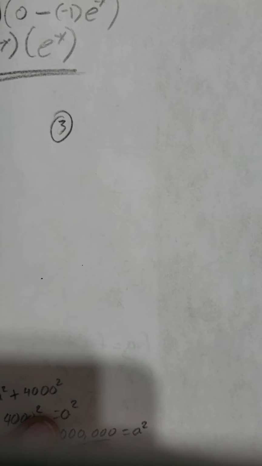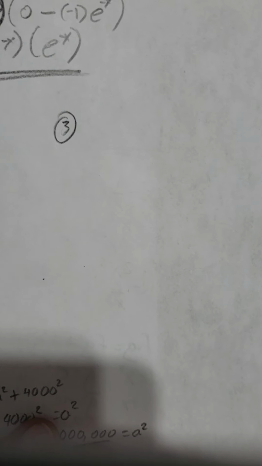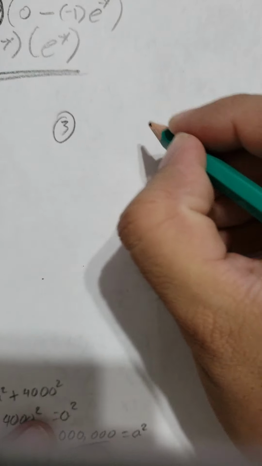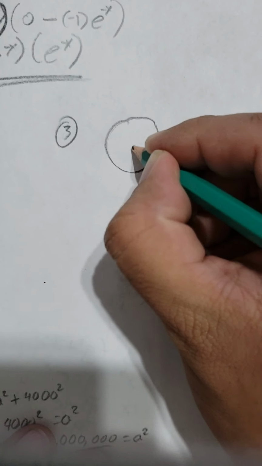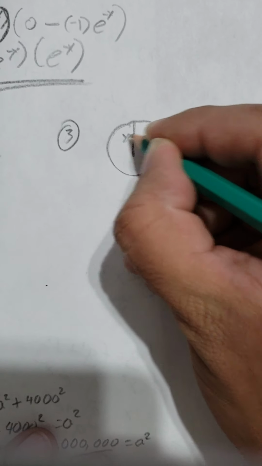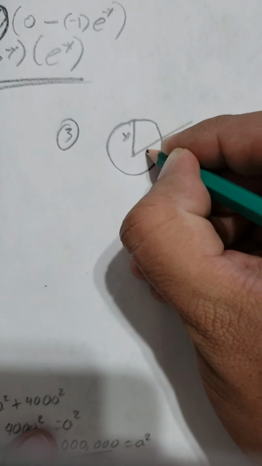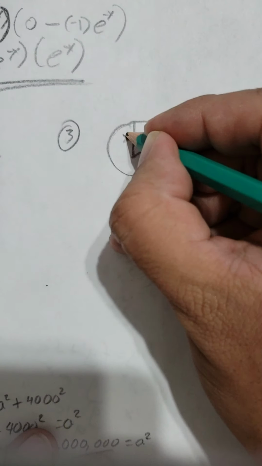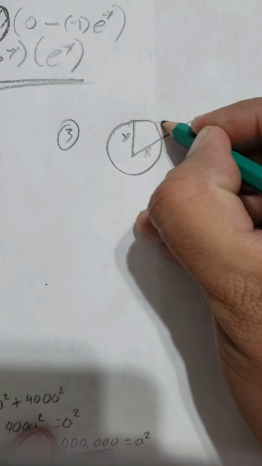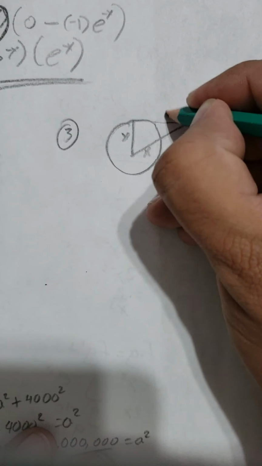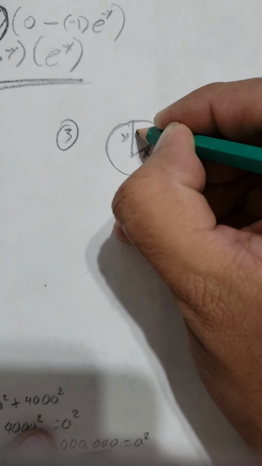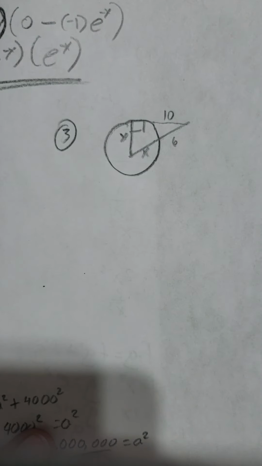In problem number 3, we have a diagram that asks what is the radius of circle O. We have the circle, and the distance x here is the radius, here and here it is the same. And this is tangent, 10, 6, and 90 degrees.